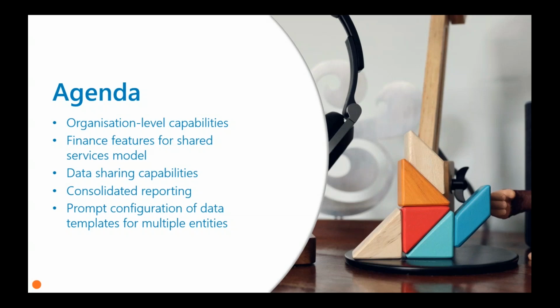We will, of course, look at consolidated reporting because it's very important to be able to aggregate data at a global level for you. And we will finally discuss how, from a project perspective, F&O can help you quickly roll out new companies or new geographies using something we call data management. So we will get to all this.